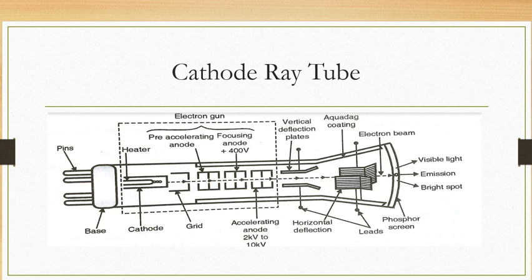Okay, now in order to move the electron beam in this manner, deflecting plates are placed inside the CRT tube. These are your deflecting plates, the vertical deflecting plates and horizontal deflecting plates. But only placing these vertical and horizontal deflection plates is not sufficient; we have to apply some appropriate deflecting voltage.